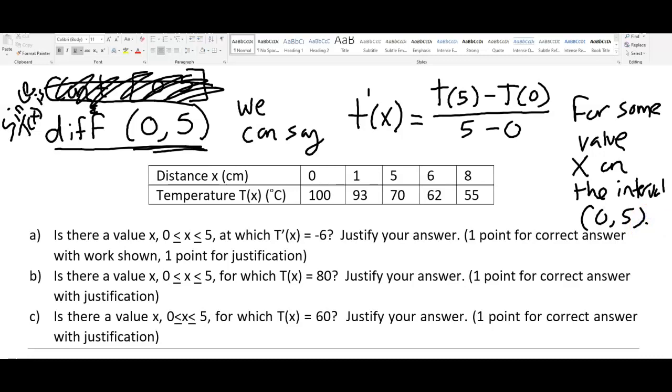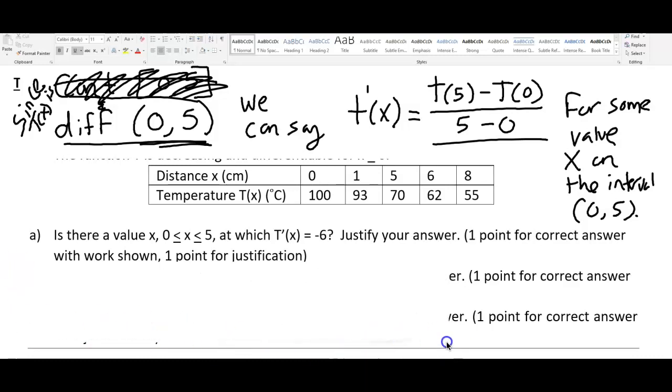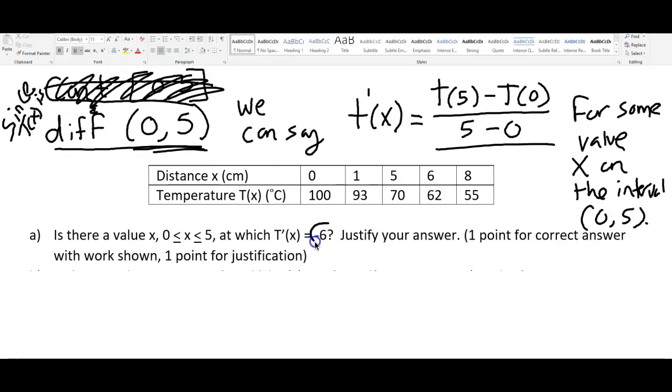So, since T of x is differentiable on the interval from 0 to 5, we can say T prime of x is equal to this average rate of change for some value of x on the interval from 0 to 5. Then what you guys are going to have to do is prove that that average rate of change is what they say it is. They say in the problem that it should come out to be -6.